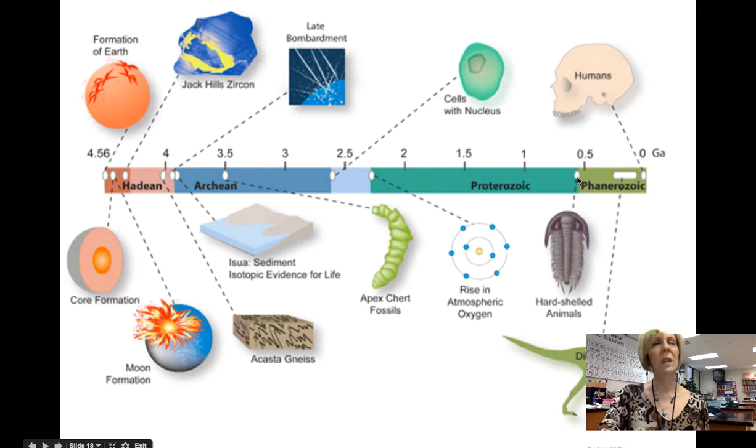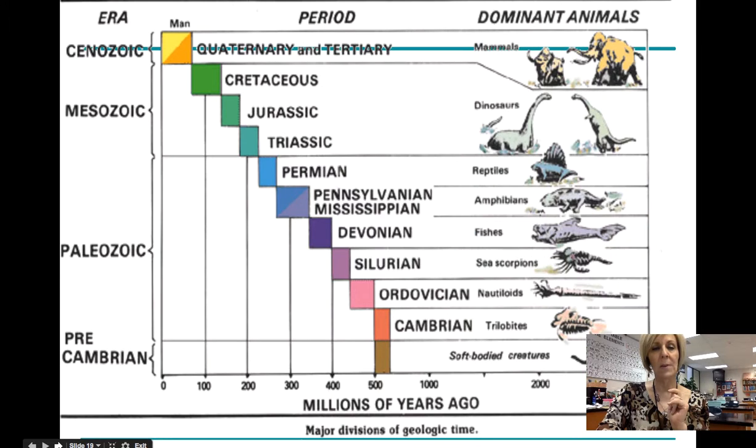But nothing really exciting happens in these shallow oceans until about half a billion years, or 500 million years ago from today. And this is where we have the Cambrian explosion, and that's where we begin to see the evolution of animals. So now I'm just looking at this time period.